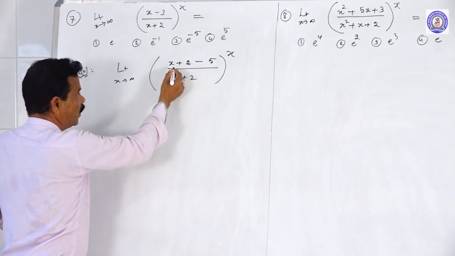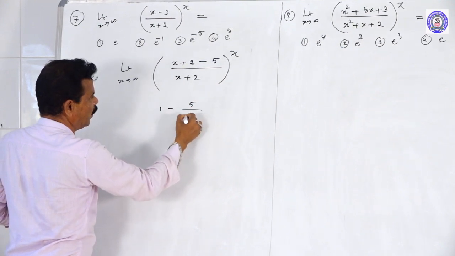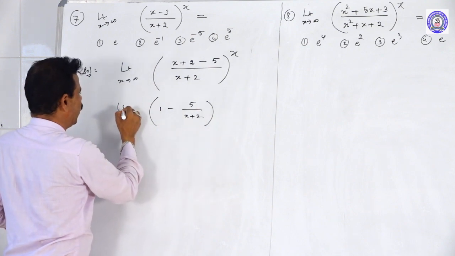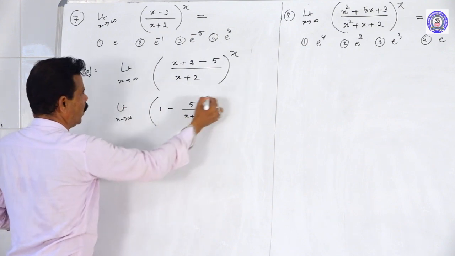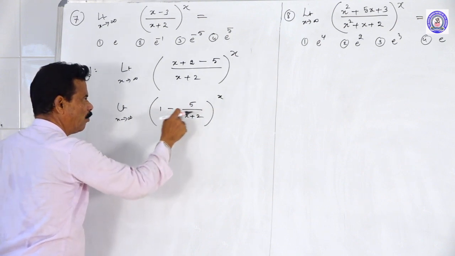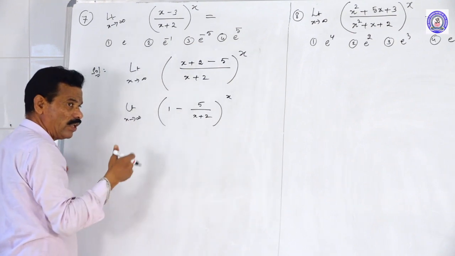After this, (x plus 2) by (x plus 2) is 1, minus 5 by (x plus 2), separated. Limit x tends to infinity, power x. But here it is minus 5 by (x plus 2), so the power is also reversed.